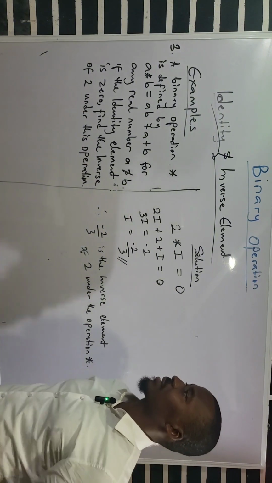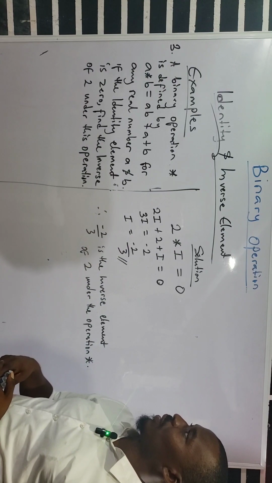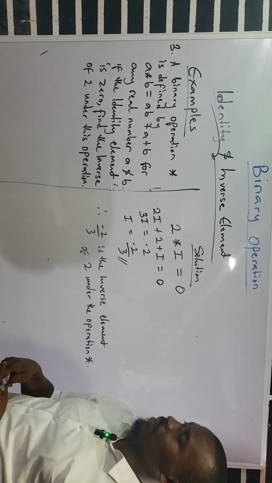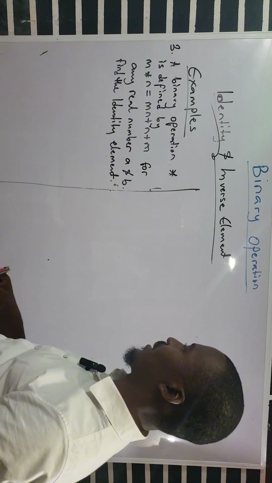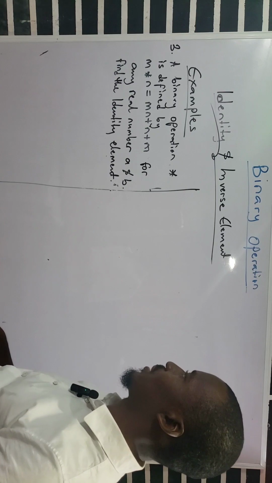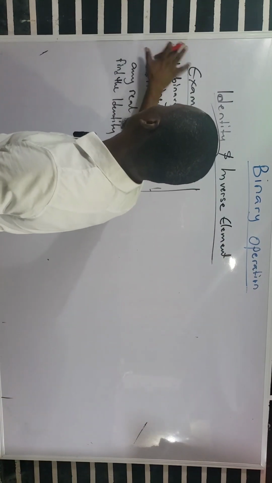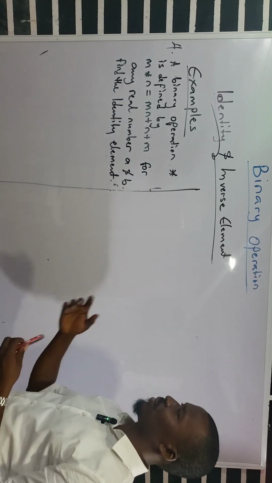Okay, so let's look at the last example on this particular topic. We have an operation there and we are asked to find the identity element. It's similar to a question we have solved, I think number 2 or so.